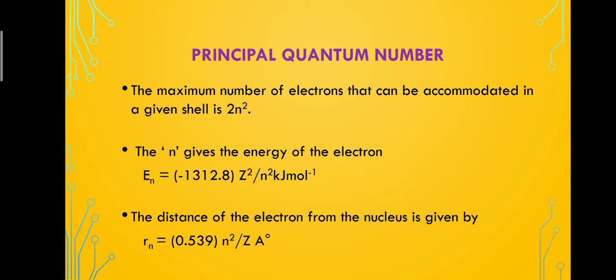So if we know the value of n, we can find out in which shell the electron is present, what is the energy of that electron, and how much distance it is from the nucleus. We can calculate these three values if we know the principal quantum number of an electron.